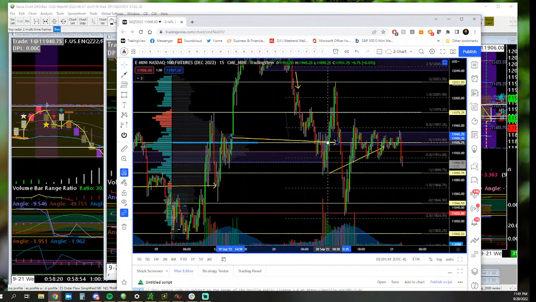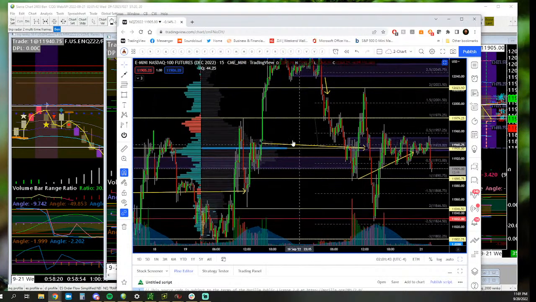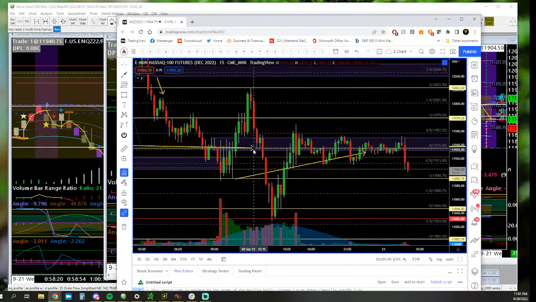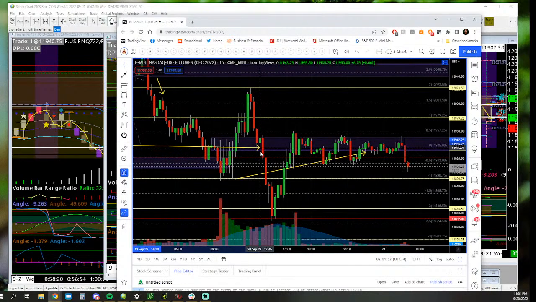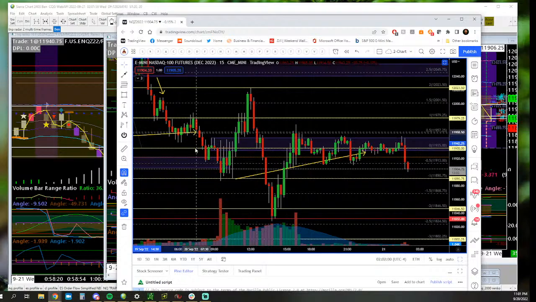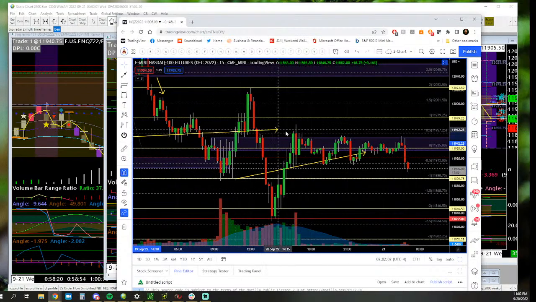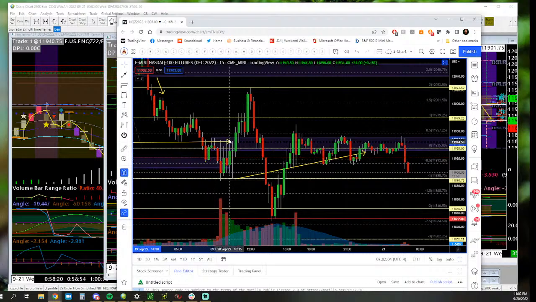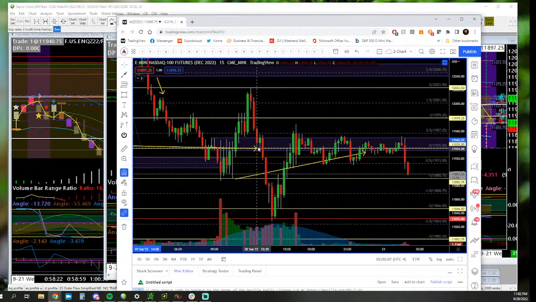I personally took a stop right here and didn't heed this advice. And then when I realized what I did, I didn't short when I exited, because I was like, what am I doing buying in the middle of this chop? And I didn't really see it. It's really obvious now, but I didn't see it quite as clearly earlier today.